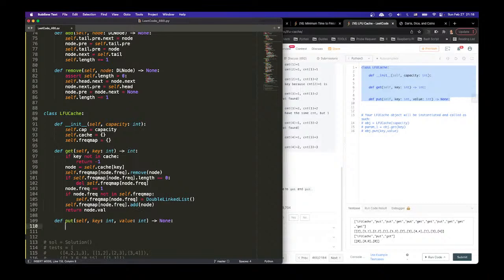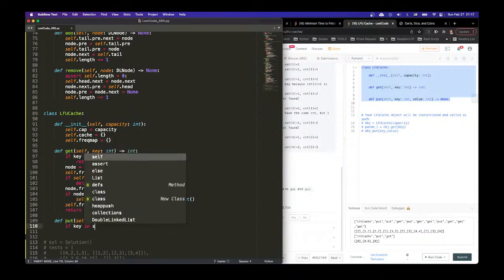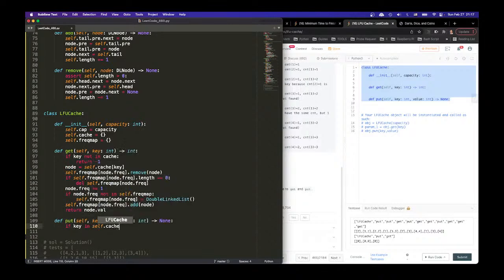Okay, so again, if self.cap is equal to 0. Do we have to, if we do it this way? Let's try now. Let's just say if key is in self.cache, right?